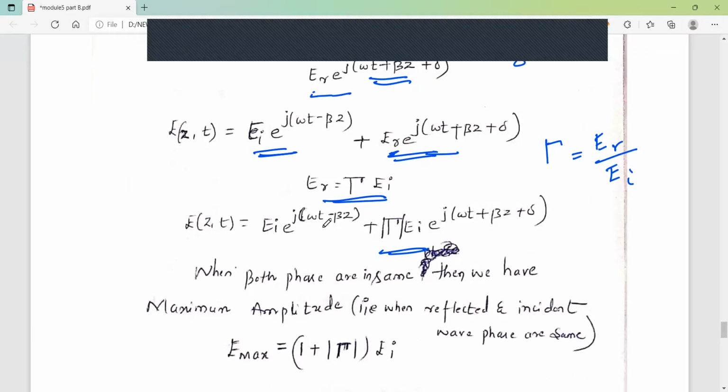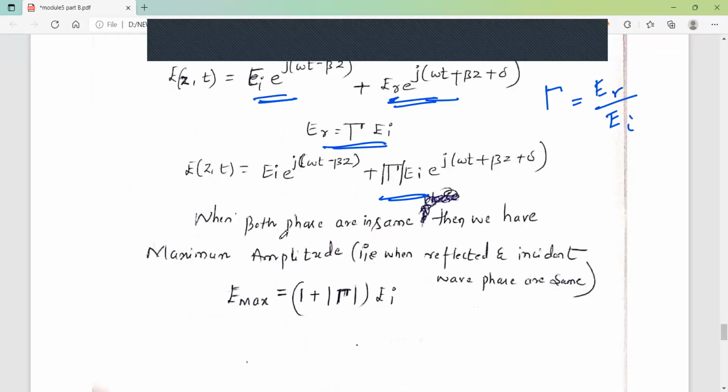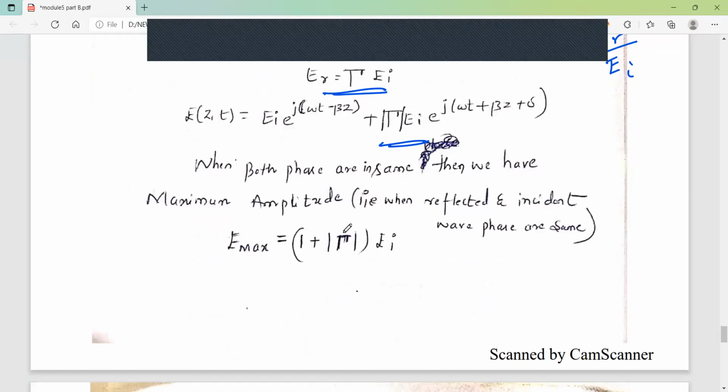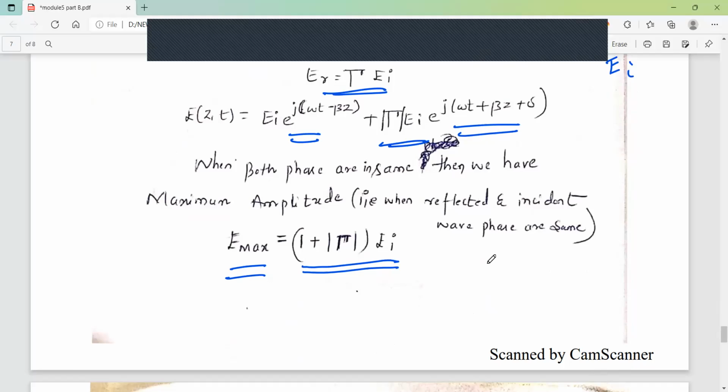So we will take the maximum amplitude when the phases are maximum. Then we remove the phase from here, and the expression we get is E max equal to 1 plus reflection coefficient times the incident wave, 1 plus reflection coefficient times EI. We have considered the maximum value of e to the power j quantity to get the maxima.